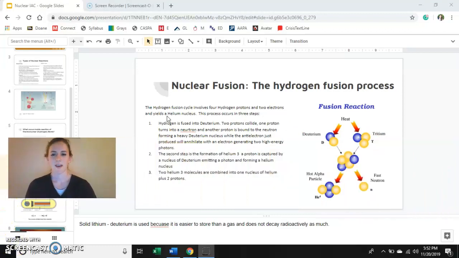During the hydrogen fusion cycle, hydrogen is fused into deuterium, so 2 protons collide and turn into a neutron and another proton, and they form a heavier molecule here, and then comes off the helium particle and an extra fast electron. As you can see, the hydrogens fuse and then we get the helium.